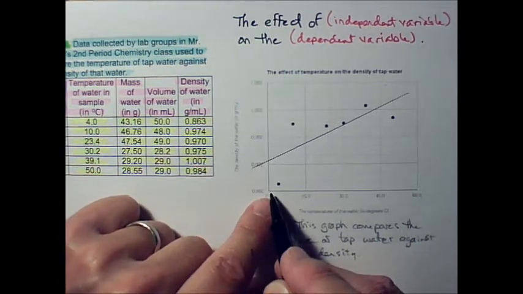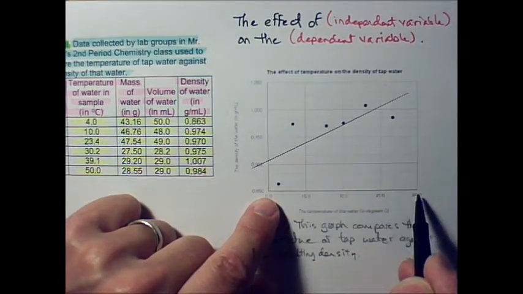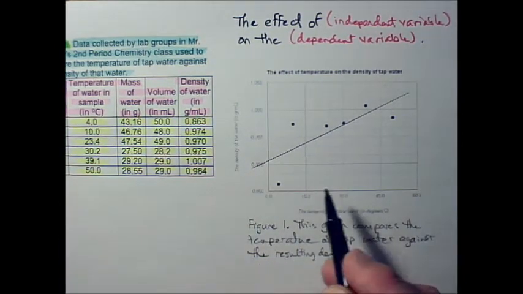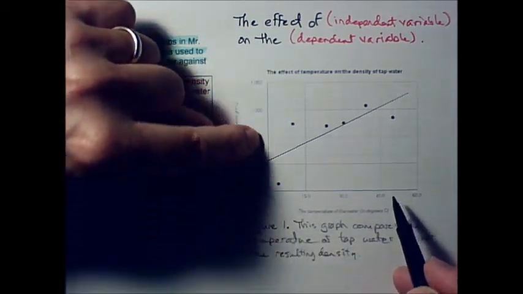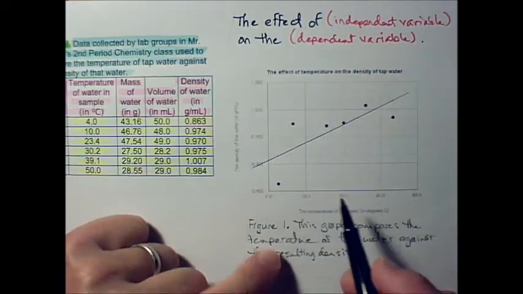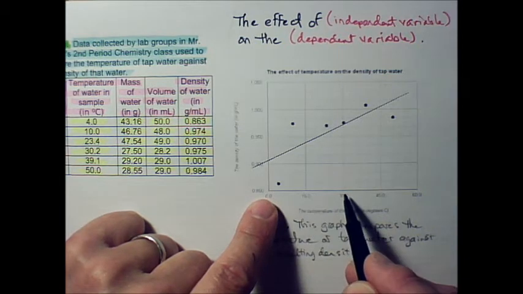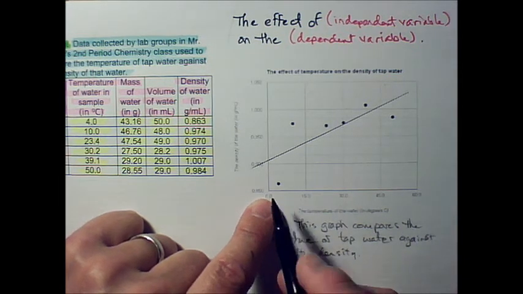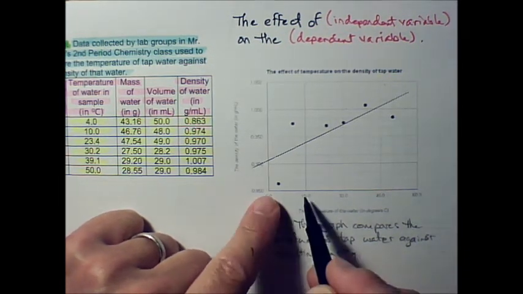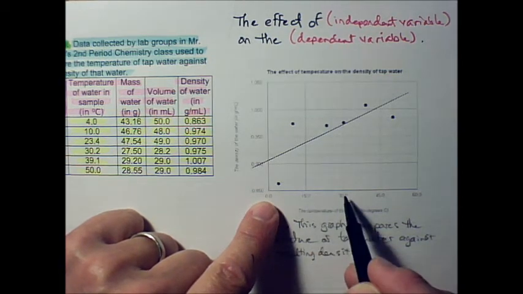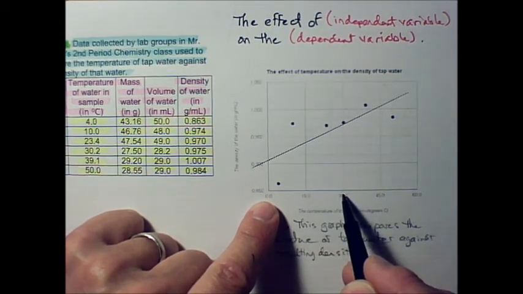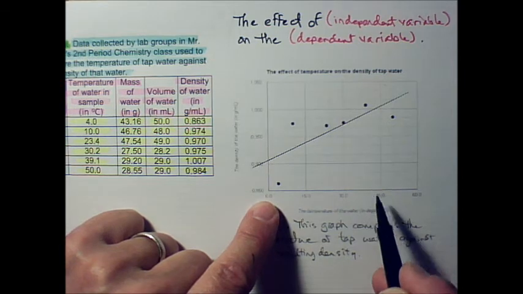And let's look at the spacing of the number line. Okay? Each of these axes has a number line. The distance between each of these points on here are the same. So this is 15 degrees C from here to here. Here, 15 degrees C from here to here. 15 degrees C from here to here.